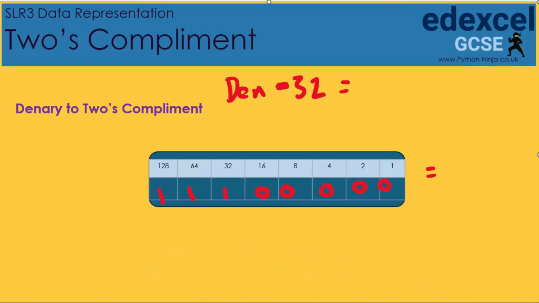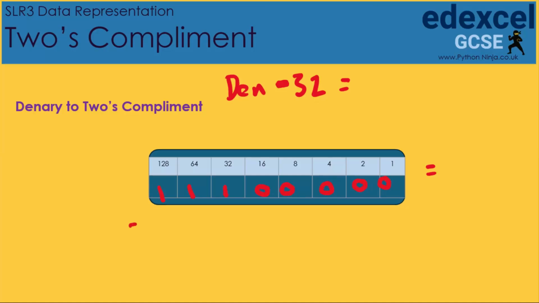Right, so let's work out if this binary number we've just calculated is actually equivalent to minus 32 denary. So minus 128 plus 64 is minus 64. Minus 64 plus 32 is minus 32.